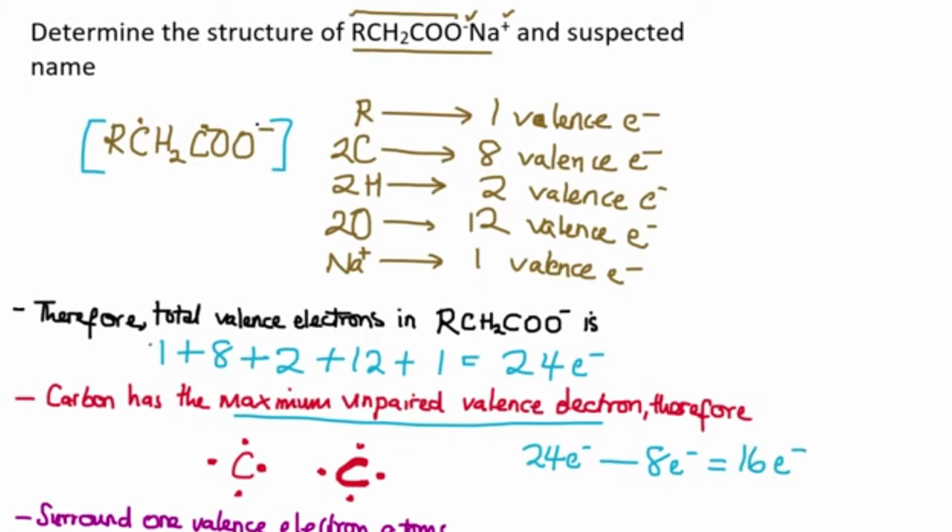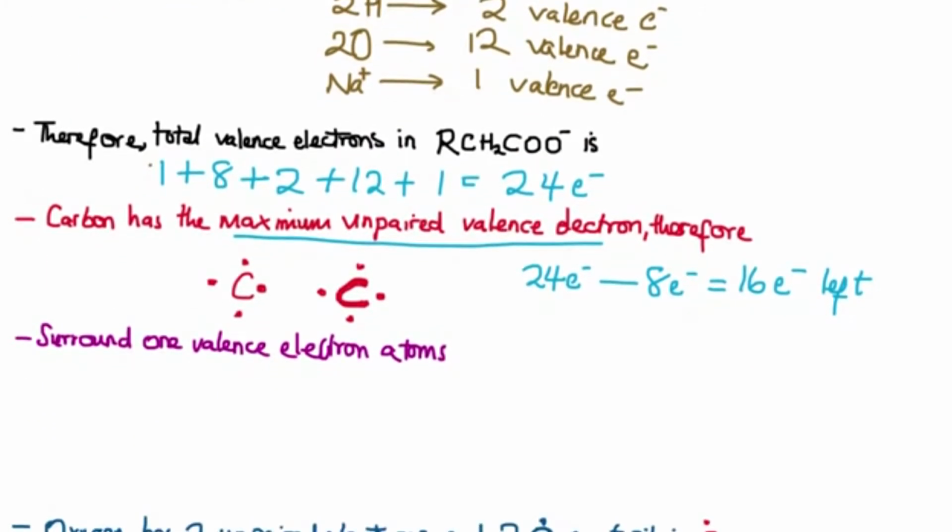So these 16 electrons left will be used in not only adding other substituents to that carbon but also creating bonds. This leads to the next point, which is surrounding each carbon with atoms that have 1 unpaired valence electron. The 1 valence electron atoms we have include hydrogen and the R group right there. So we're going to surround our carbon with the H atoms and the R group.